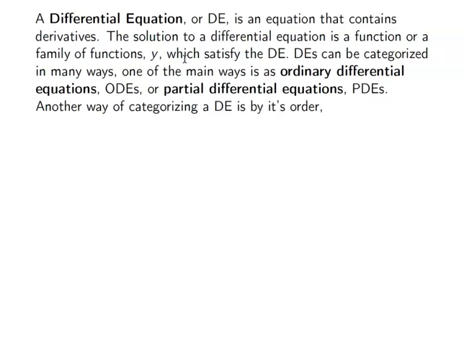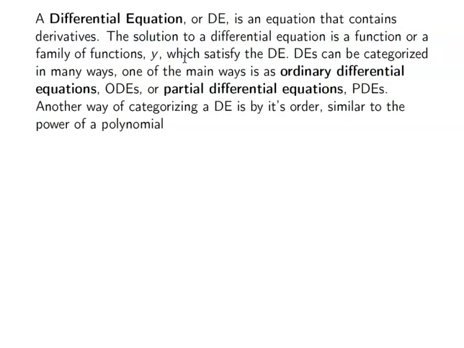Another way of categorizing a differential equation is by its order. Think about the way you categorize a polynomial. You look at its degree, the highest degree. This is a fifth degree polynomial. This is a fourth degree polynomial. We classify ODEs, differential equations, in the same manner. We look at the order.